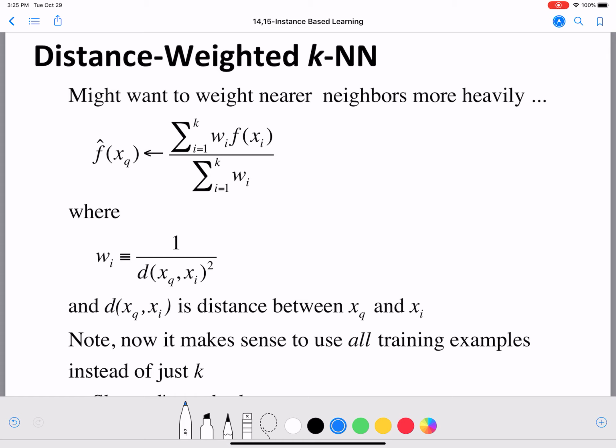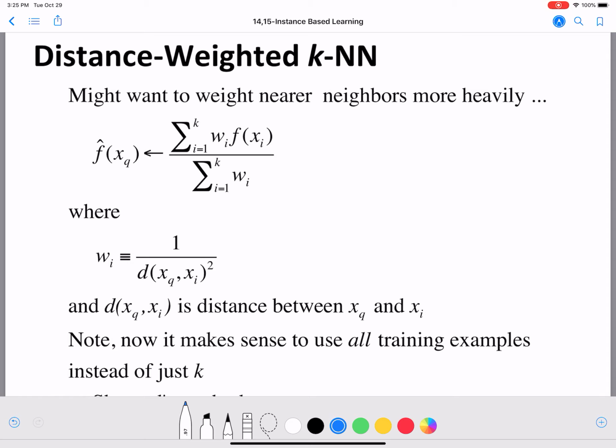There are some modifications of KNN that have evolved. There are many of those. One of those which is very popular is to weight nearer neighbors more heavily than ones that are farther away. So it makes sense, right?